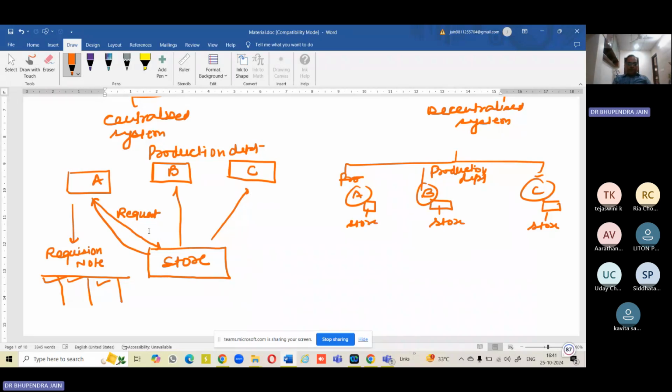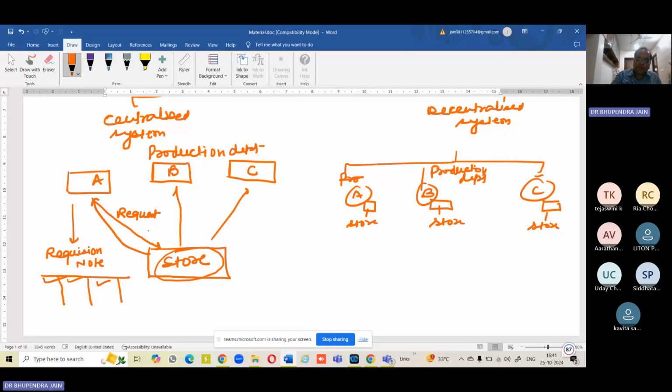But whenever a store requires material, because the quantity of material is running out day by day and the production department has utilized the quantities, then what will the store department do? The store department purchases the raw material again.